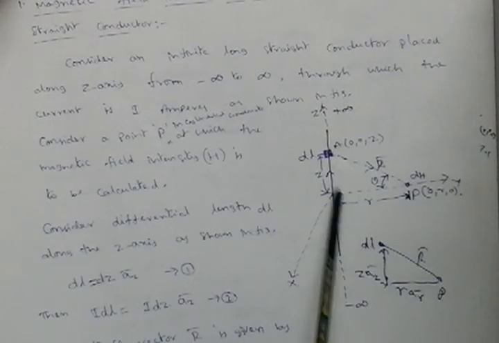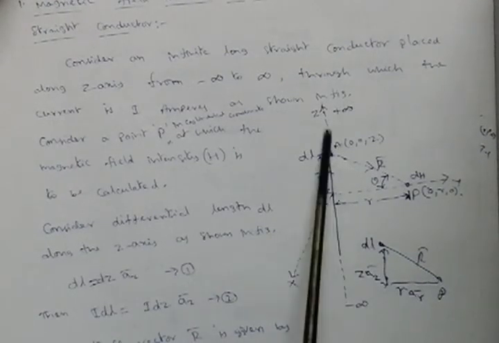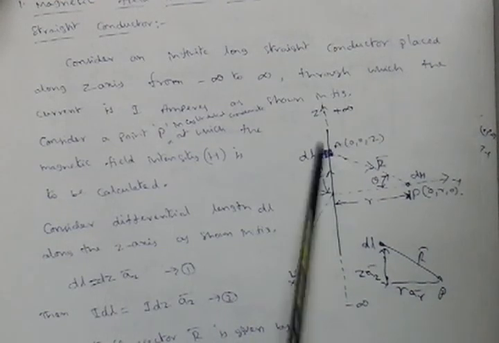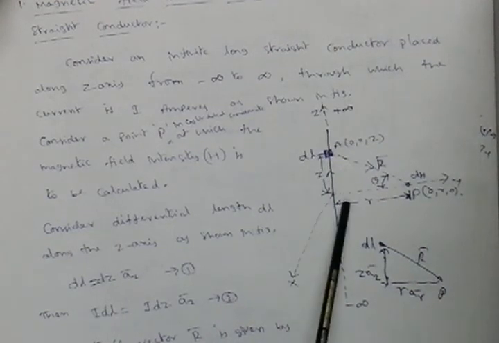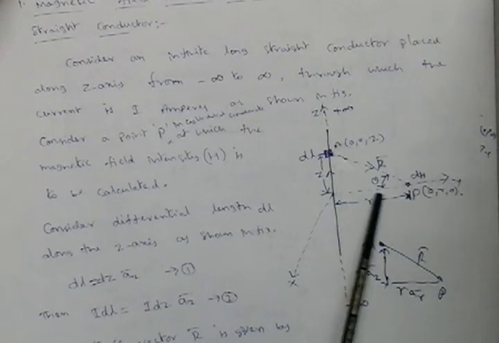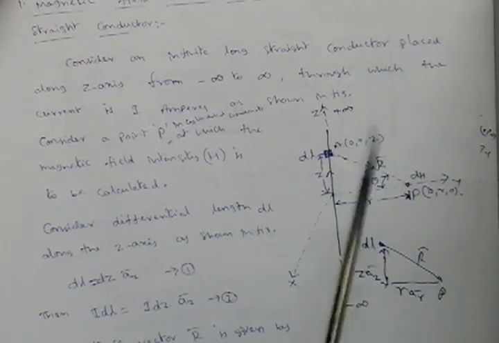Why? When Z is tending to infinity, theta is equal to 90 degrees.